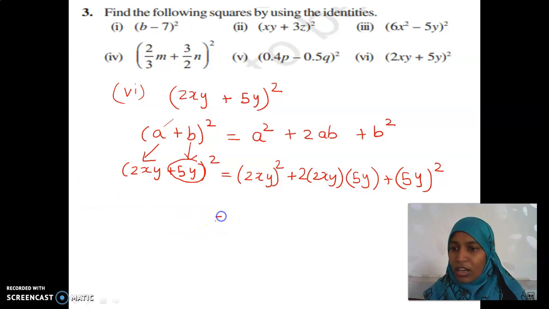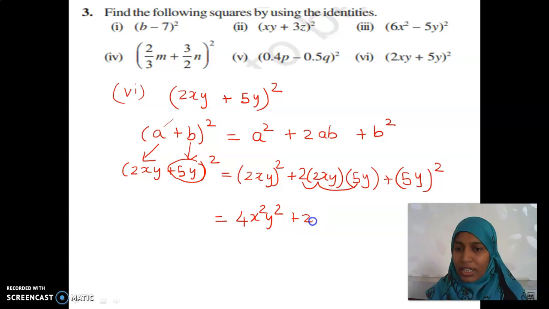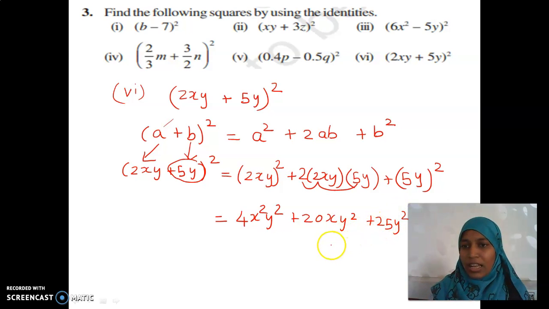Now, if I multiply, we have 4x squared y squared. Multiply the numbers, 2 2s are 4, 4 5s are 20. If I multiply the variables, I have xy squared. Then here we have 25y squared. And this is the answer. Let us continue with the next video.